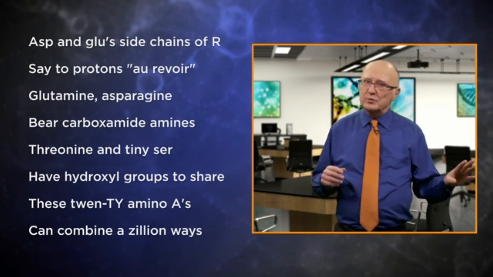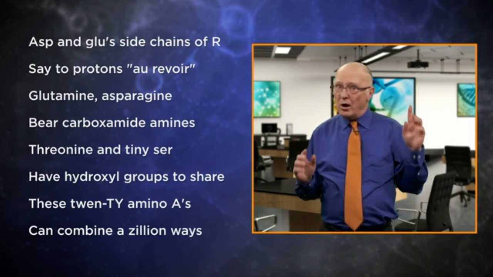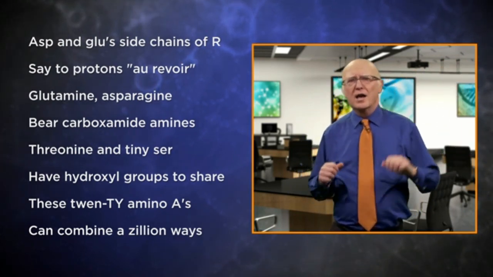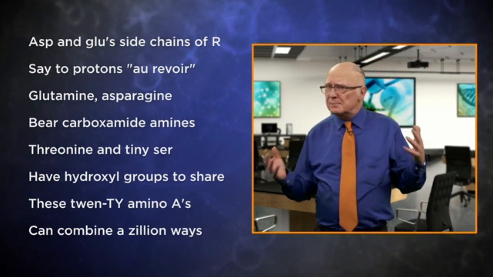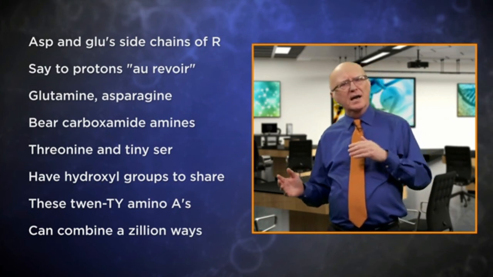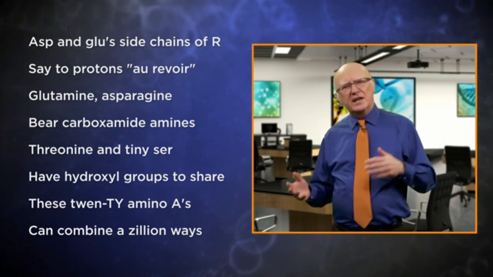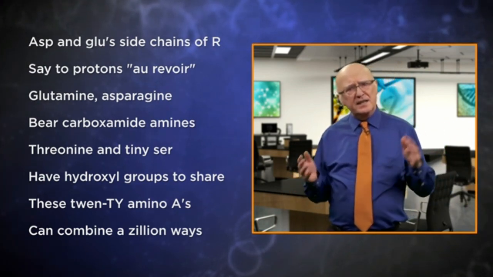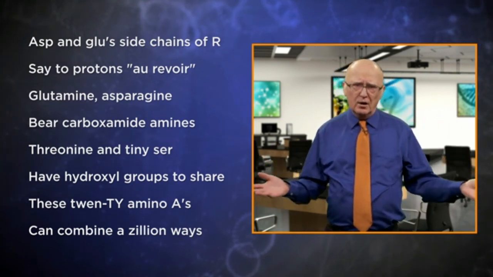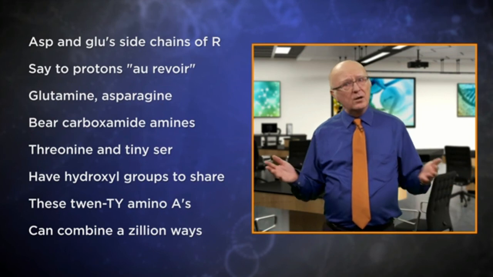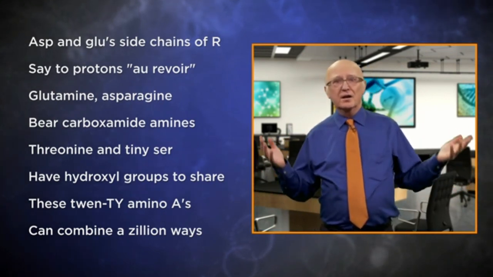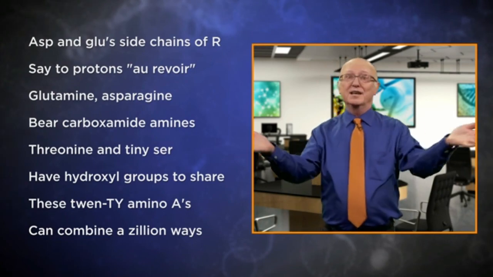Asp and Glu side chains of R, say to protons au revoir. Glutamine, asparagine, bear carboxamides. Threonine and tiny Ser have hydroxyl groups to share. These 20 amino acids can combine a zillion ways.